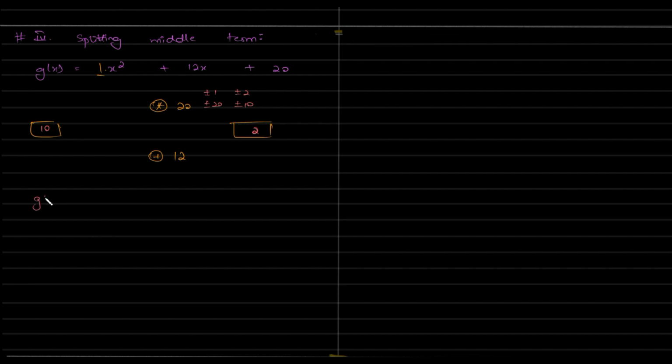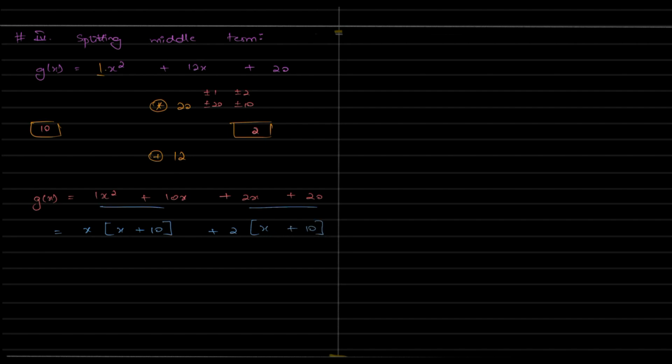So done. g of x is equal to 1x square plus 10x plus 2x plus 20. Between these two, what is common? x is common over here, x plus 10. Plus 2 is common, and we'll be left with x plus 10 again.